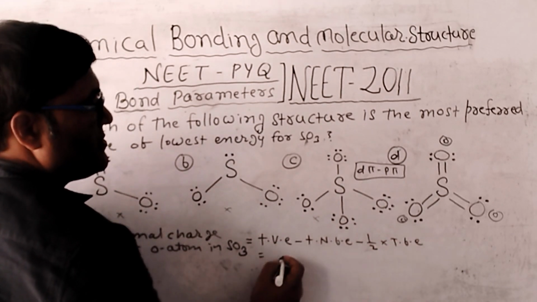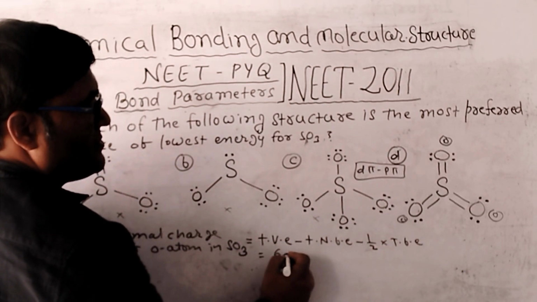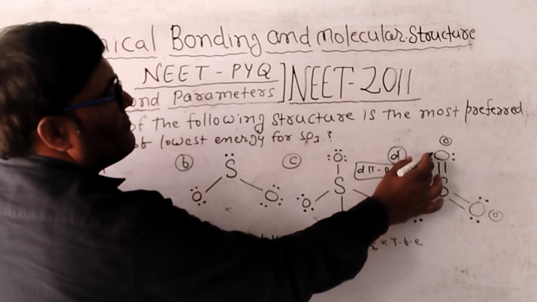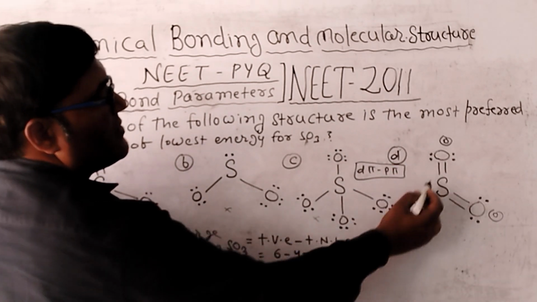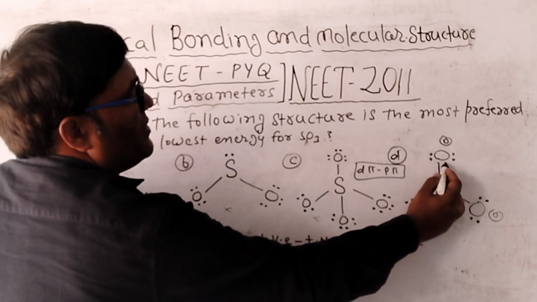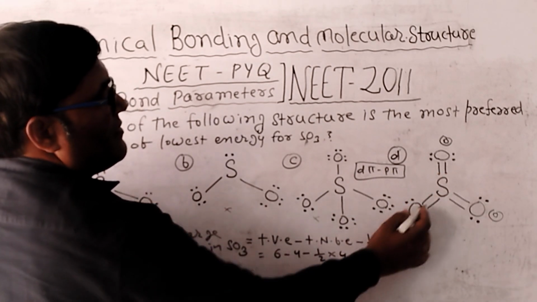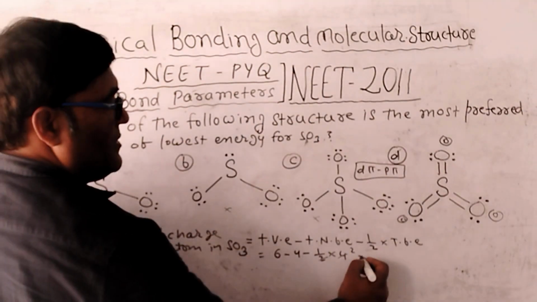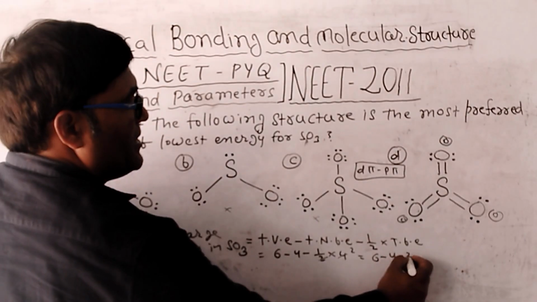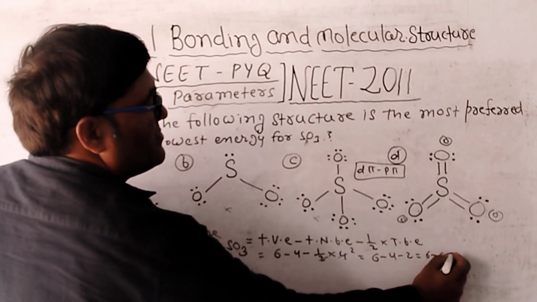So total valence electron of oxygen is 6 minus total non-bonding electrons 4 minus half into total bonding electrons 4, so 2. Now 6 minus 4 minus 2, 6 minus 6 is equal to 0.